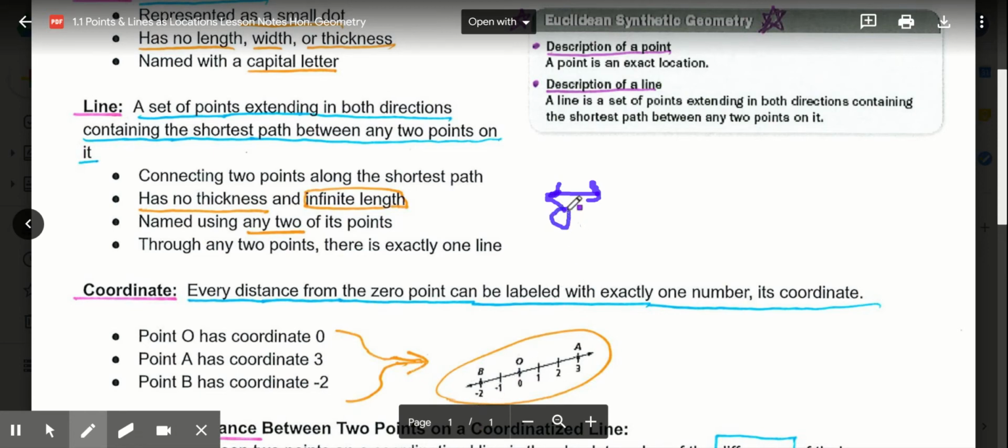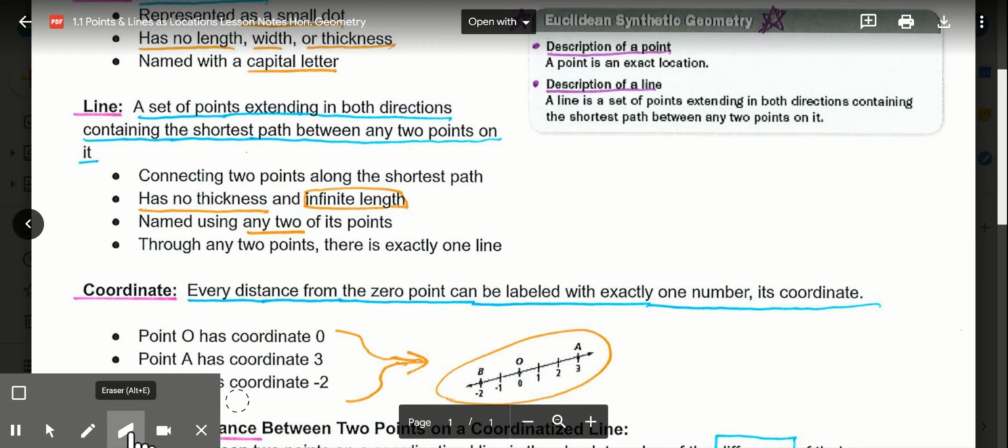So naming that OB. Terrible B, I know. But OB would be the same line. So any 2 points along the line, we can name it using those points. Order does not matter.